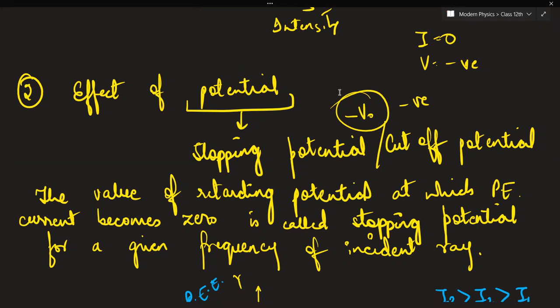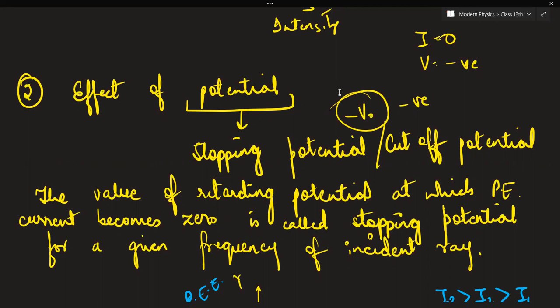So the way I say, a certain minimum frequency or minimum wavelength is required for the photoelectric emission to occur. In the same way, there is a certain value of potential that is required for the photoelectric effect. There is a negative potential for which the photoelectric current immediately becomes zero, whenever a certain frequency of incident ray is struck on it.